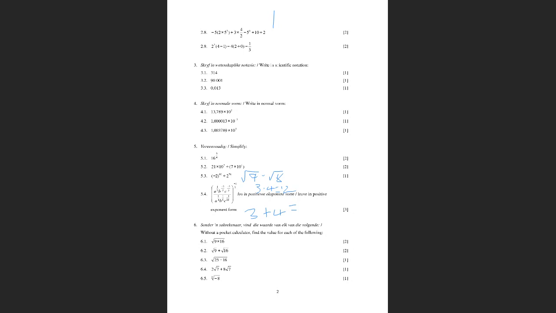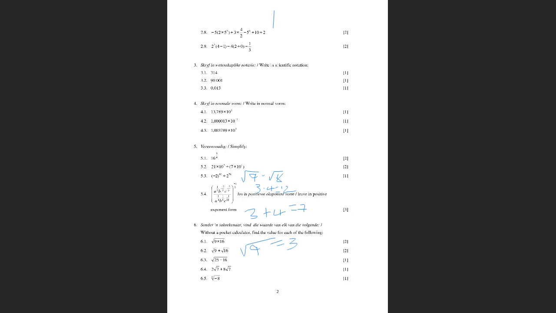And please, you have to see that all this we are doing, we are not using a calculator. We are simply applying the laws of exponents and the laws of sets. Now, 6.3. 25 minus 16, I can get 9. Then square root of 9 is 3. Then we get our answer.